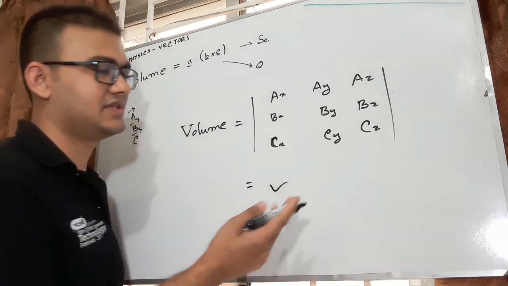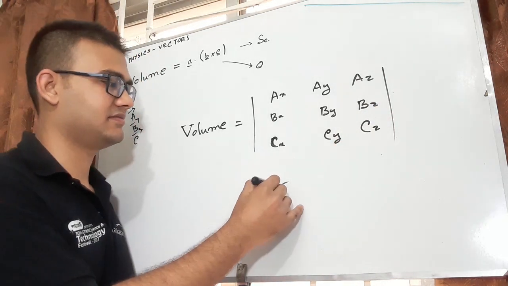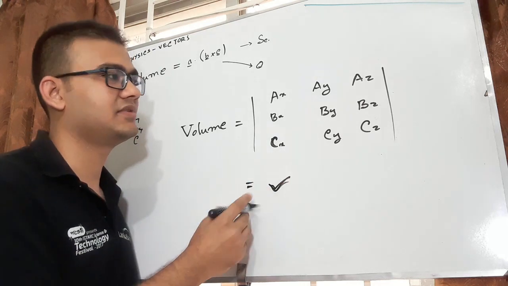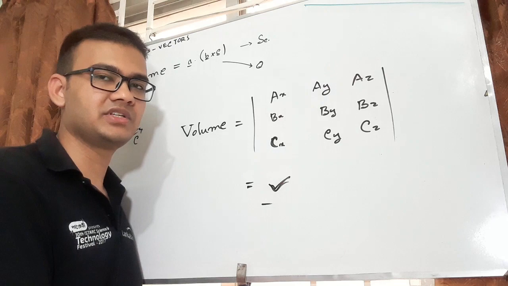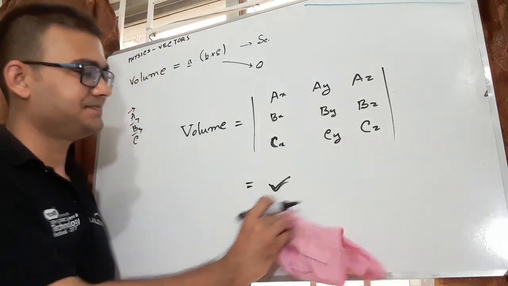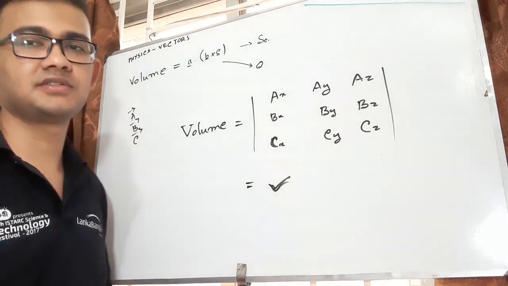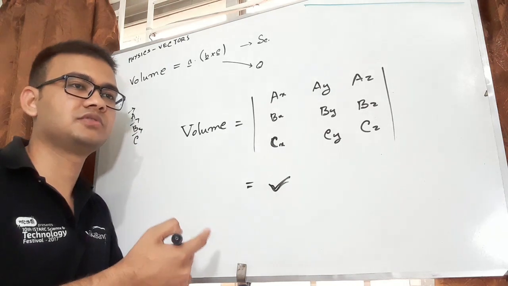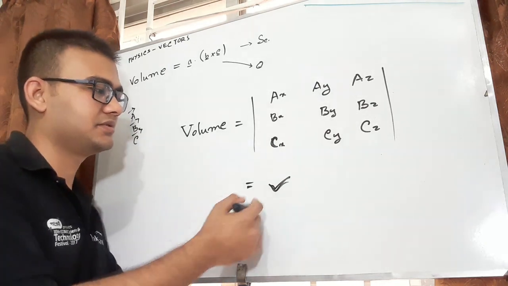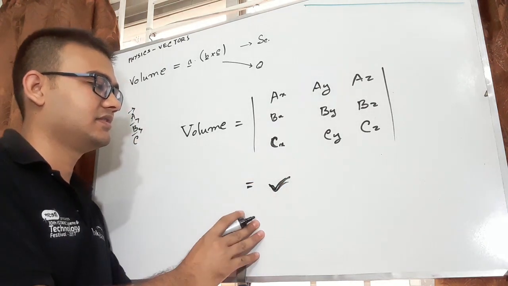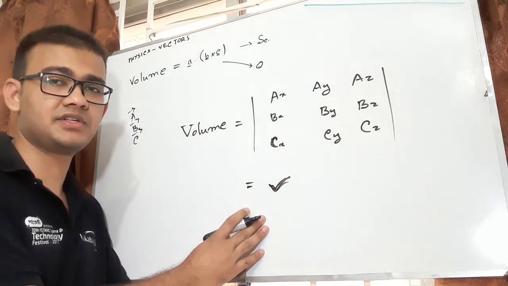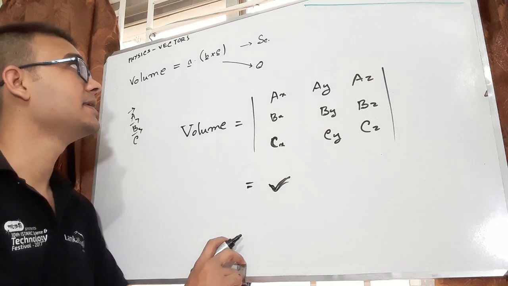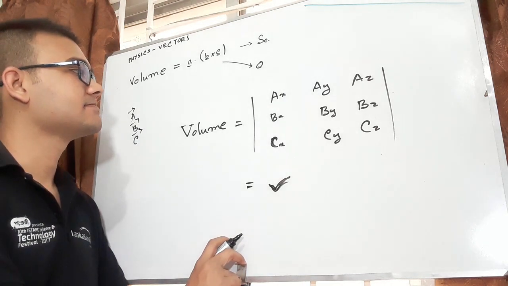The determinant will simply be the volume. If you get a negative, please omit it, it doesn't make any sense. It will just say that you took the opposite direction. So the result will simply tell you the volume. And if you get a 0, they are in the same plane.